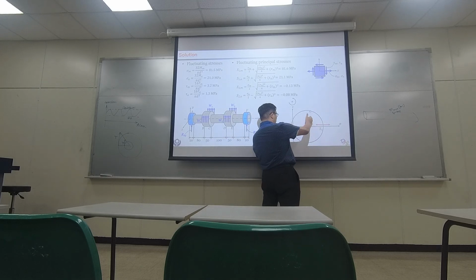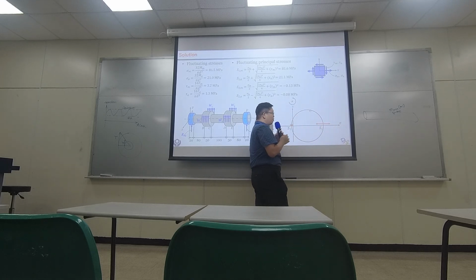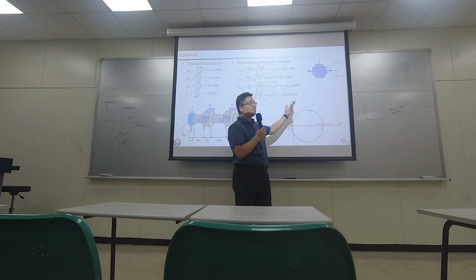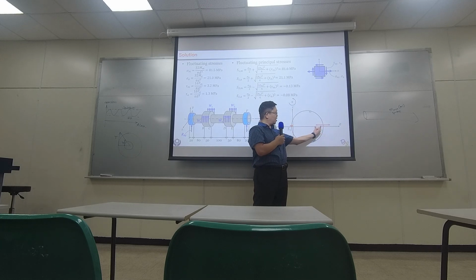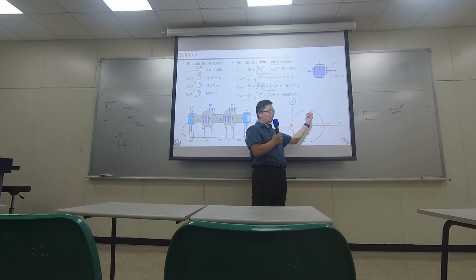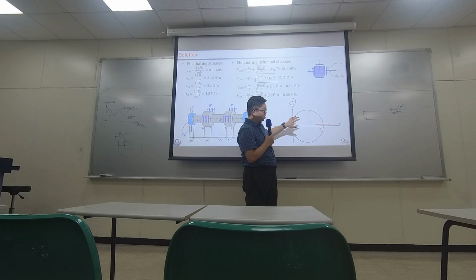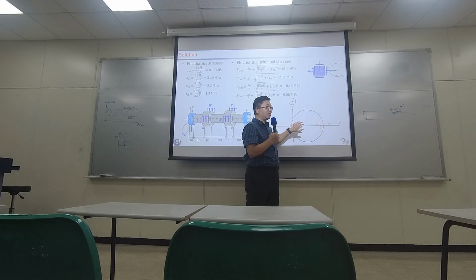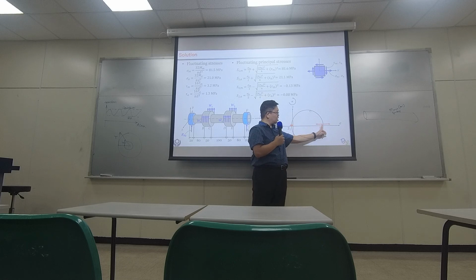In one condition, the Mohr circle is a smaller one on the left, and in the other condition it is a larger Mohr circle on the right. So if you try to compute the principal stress, there would be a mean value and amplitude of the principal stress, because as time goes by, the Mohr circle is changing its shape, smaller, bigger, smaller, bigger. So the first principal stress could have a mean value and an amplitude.